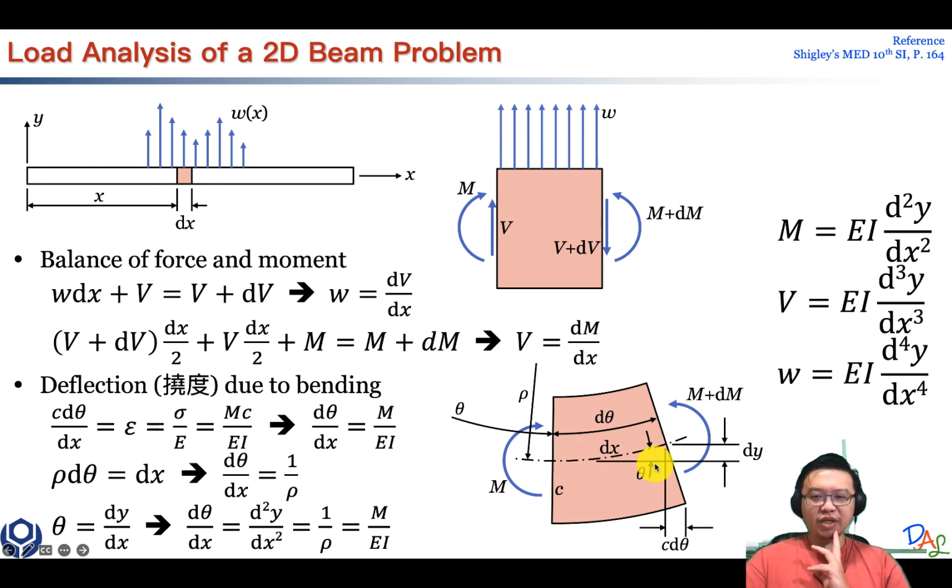This is basically the angle of the tilt, and due to geometry, this angle is also d theta. So c d theta will be this width, because c is like a radius, and this is the angle d theta. Here is d theta, so here should be d theta as well.